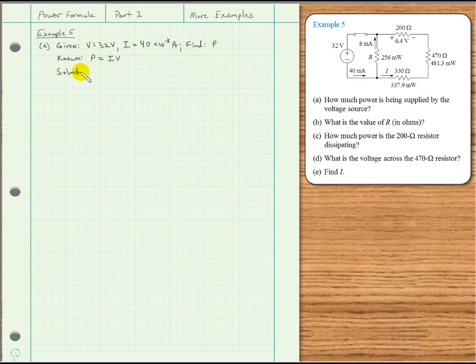So then the solution, very straightforward. The power, 40 times 10 to the minus 3rd amps times 32 volts, and we get 1.28 watts. That's the power being supplied by the voltage source.